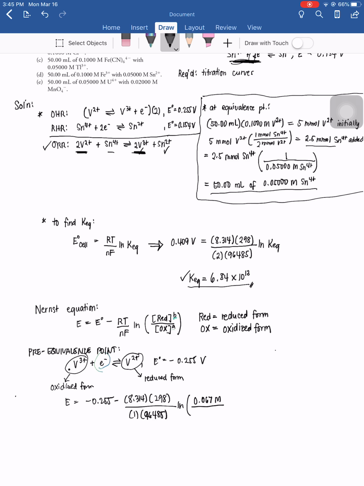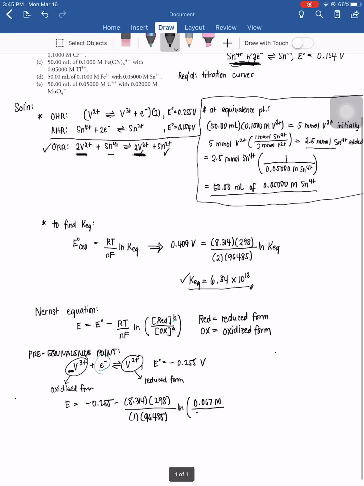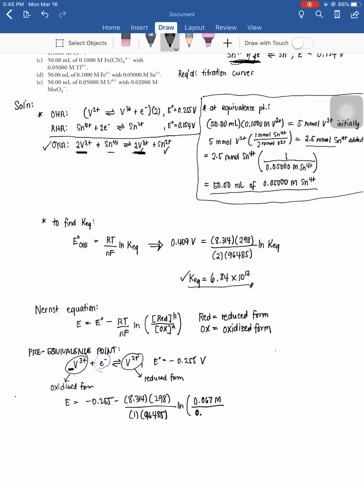Vanadium 3, as you can see, only has a coefficient of 1. So we just simply write in here, divide by 0.017 molar.